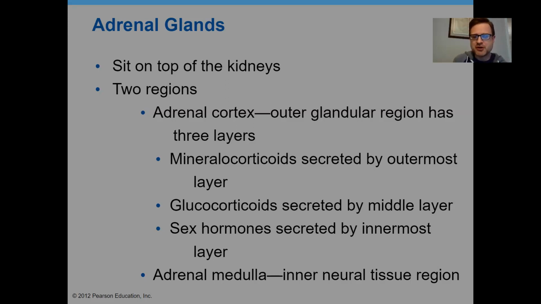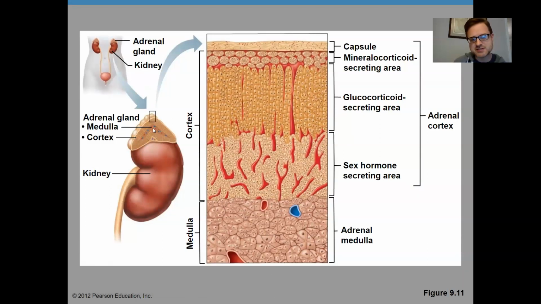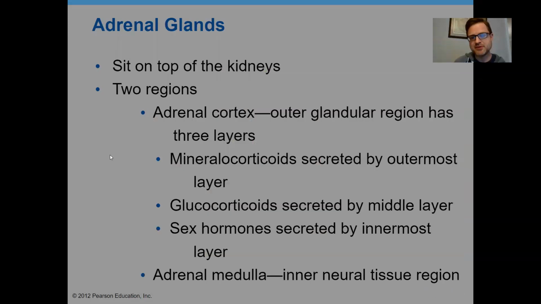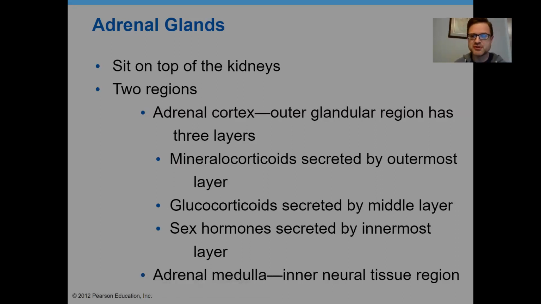The first thing I want you to understand is that your adrenal glands have two main regions. The first region is called the cortex, which is the outermost region, and the second region is the middle region called the medulla. So you have the adrenal cortex and the adrenal medulla. We're going to break down the hormones of the adrenal glands by where they are produced first.